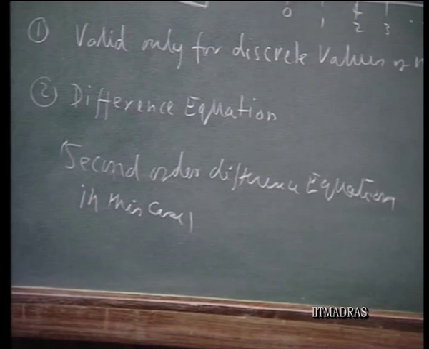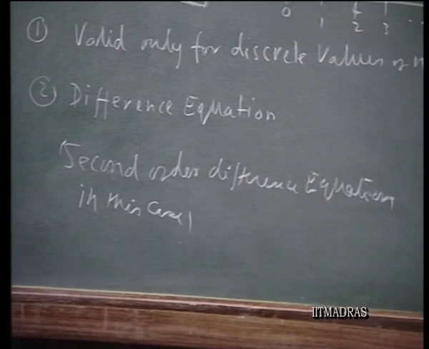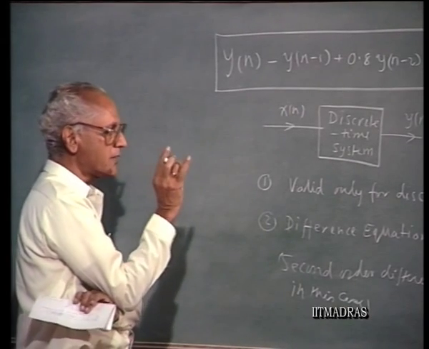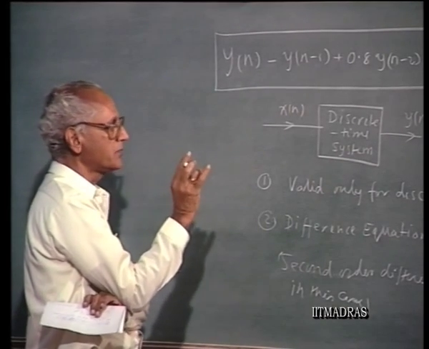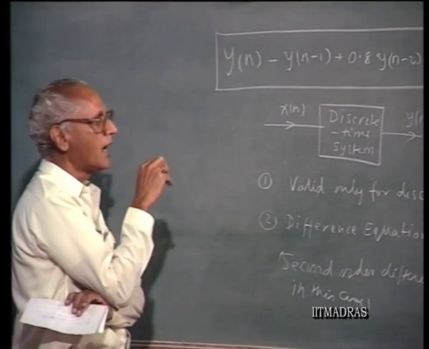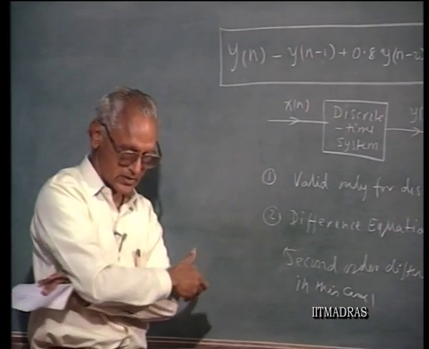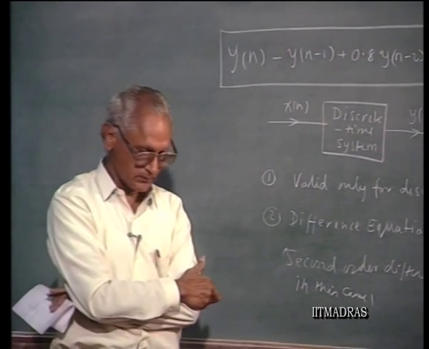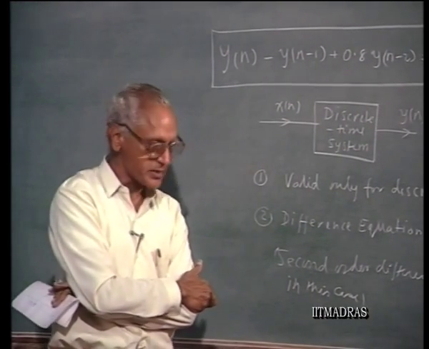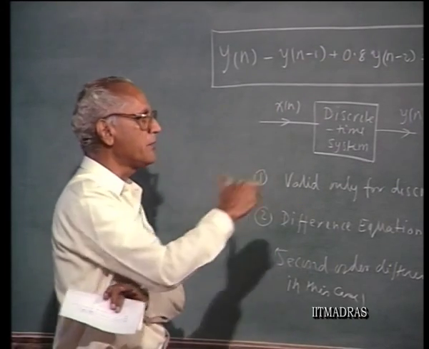So, in the discrete time system, the points to note are that the equation is valid for specific integral values of the independent variable n, and the independent variable usually is time. That is why this is called discrete time system. But the same methodology is applicable even to situations where the time may not be the independent variable.